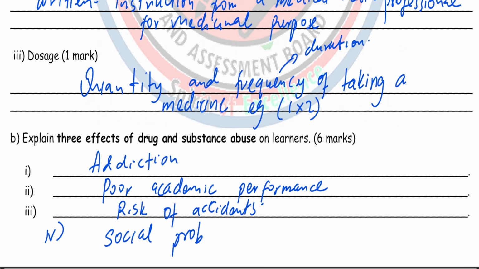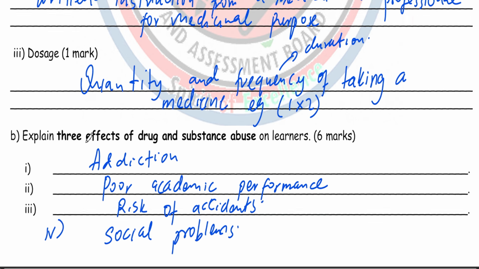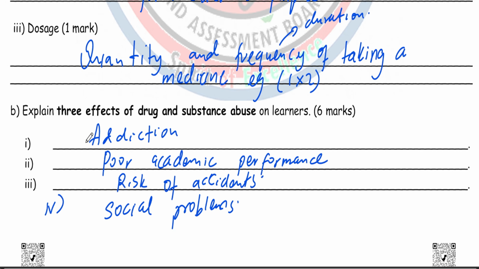Sometimes you can quarrel with the neighbor or society at large. That's why I always advise my students not to be involved in any of those things. So yeah, that's question B.